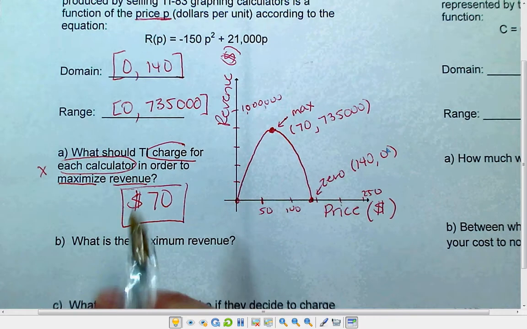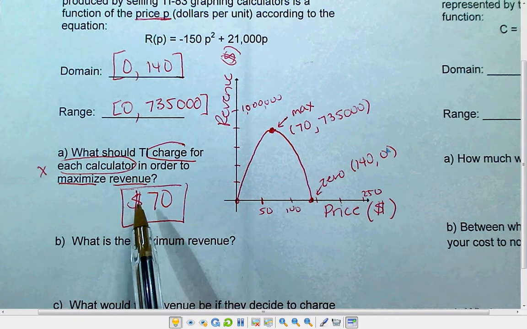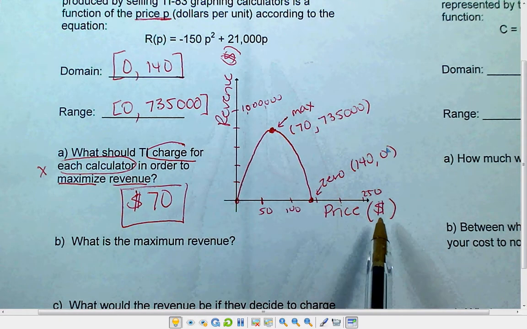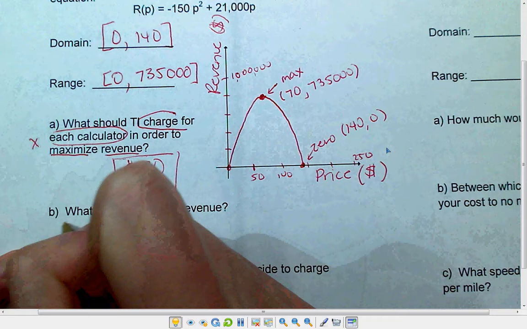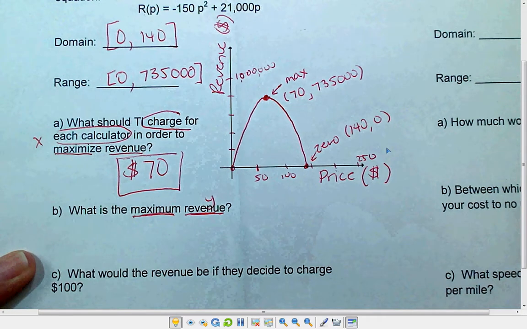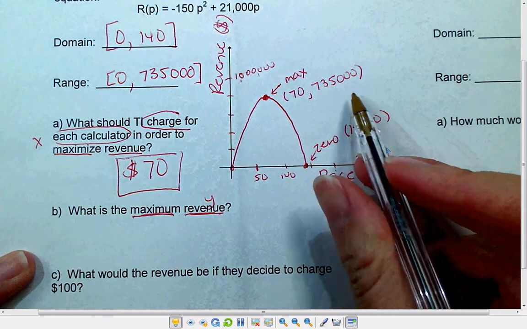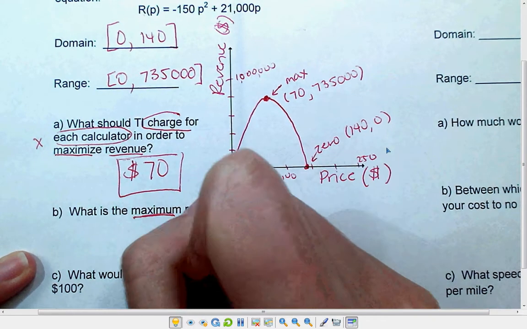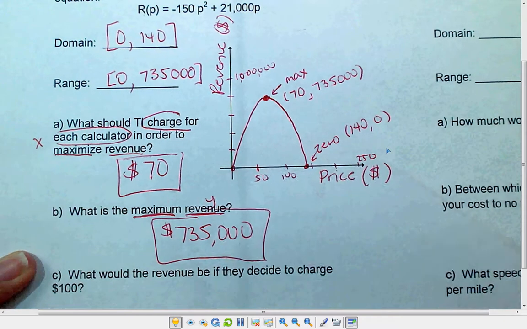You must have a unit in order to get full credit, so be careful. It's 70, and then the unit for price is dollars. Okay, so what is the maximum revenue? Our revenue is now y, so now we're looking for the y value of our max, which is 735,000. Again, units, this is in dollars.